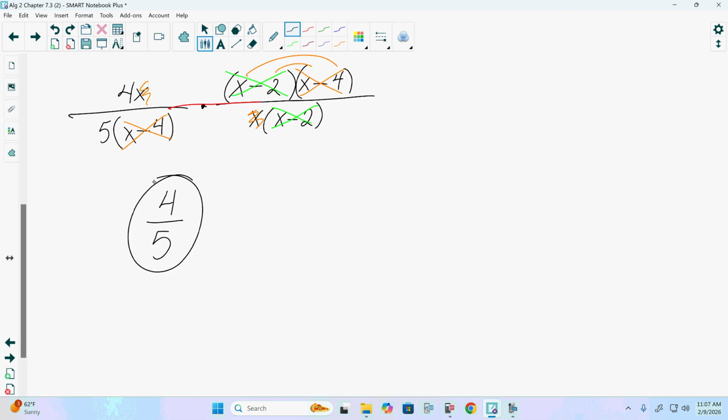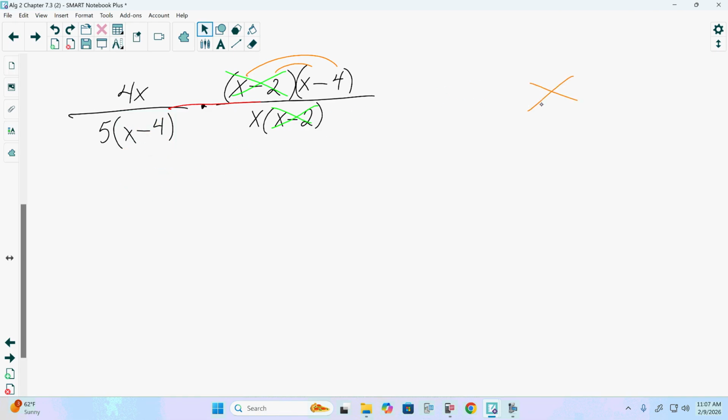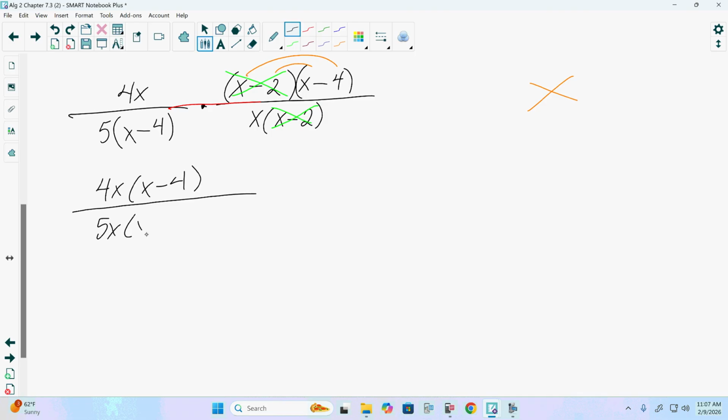If that makes sense, you understand how to keep those straight. We can do it that way. If not, you want to rewrite it. 4x times x minus 4 over 5 times x minus 4, because once we get here, x minus 4 over x minus 4 cancels.